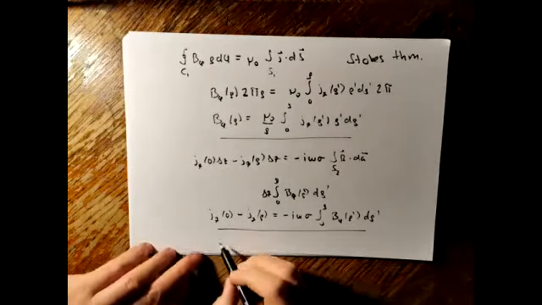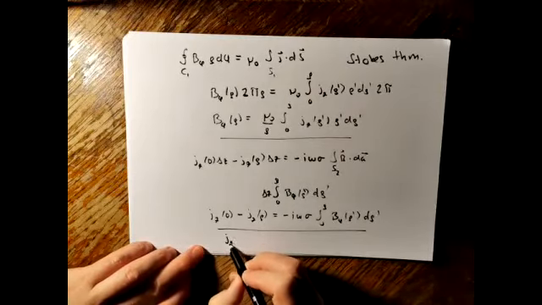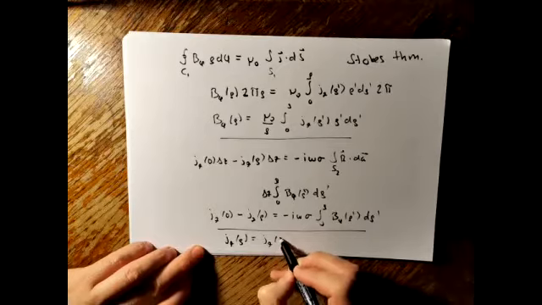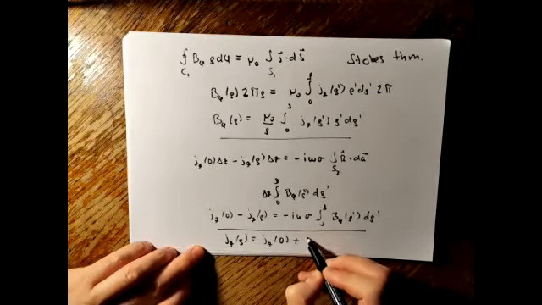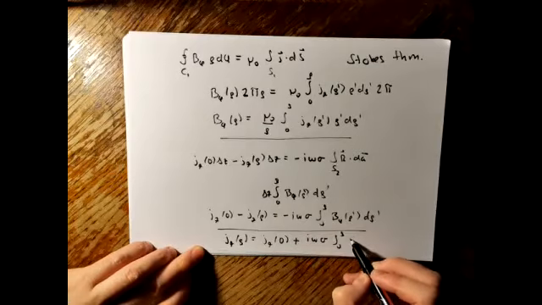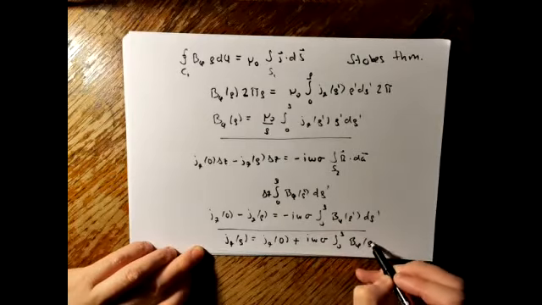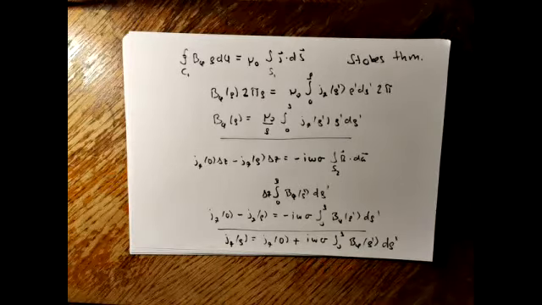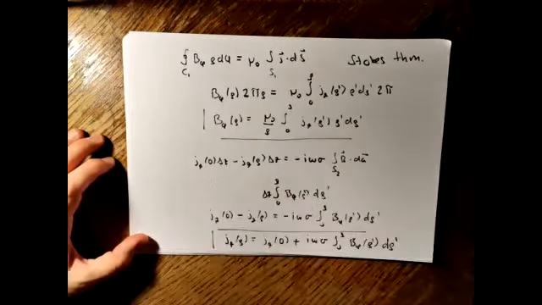I want to rewrite this. Jz rho is equal to Jz0 plus I omega sigma, integral 0 to rho, b phi rho prime d rho prime. So this is one equation, and here's my second equation.